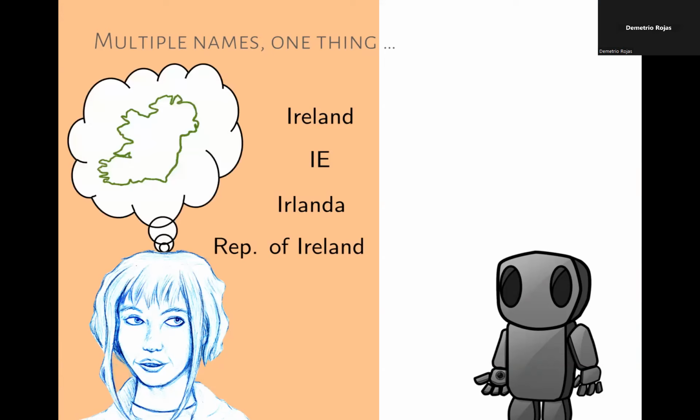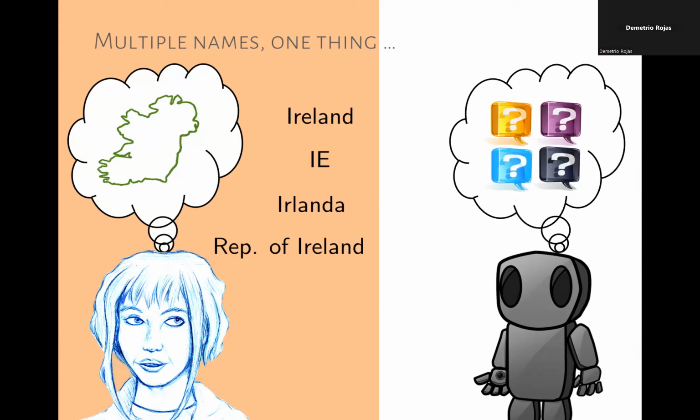So the user with sufficient knowledge about that would be able to know that all of these names refer to the same thing, some country. While the machine would be confused. It might think that these are four different things, reasonably, because the names are so different. How is it going to know that these all refer to the same thing?